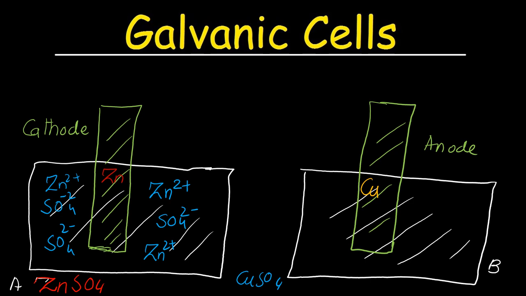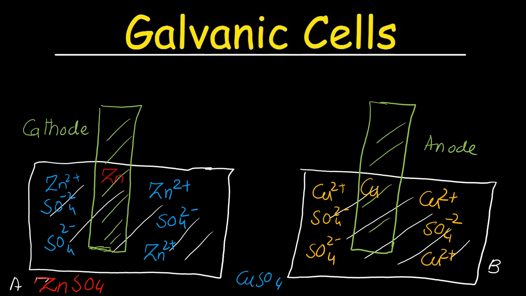Similarly, the copper sulfate side of the galvanic cell will consist of Cu2+ ions and SO4 2- ions. So this will be the ionic distribution of copper and zinc in the solutions of the zinc sulfate and copper sulfate parts of the galvanic cell.